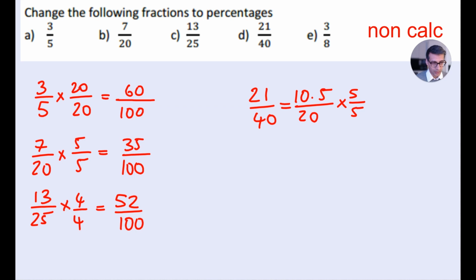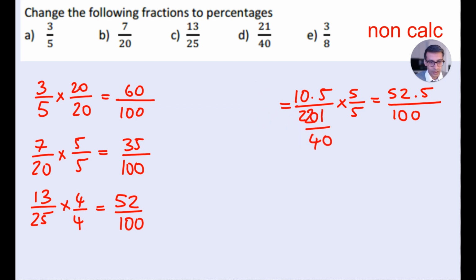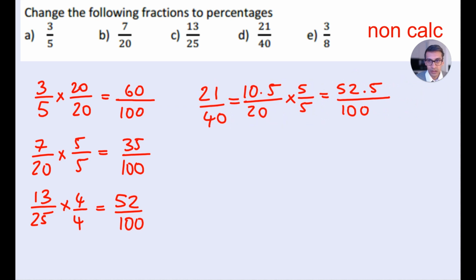So 10.5 times 5 is going to give you 52.5 over 100. We're going to convert these all into percentages at the end here because we want the fractions first.